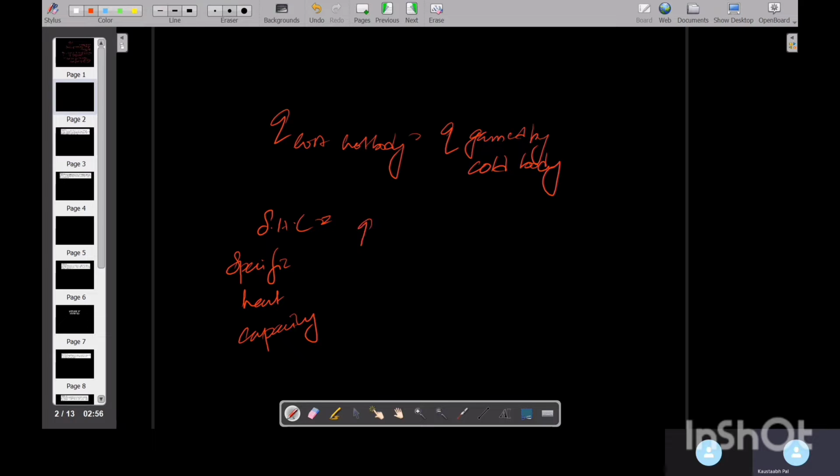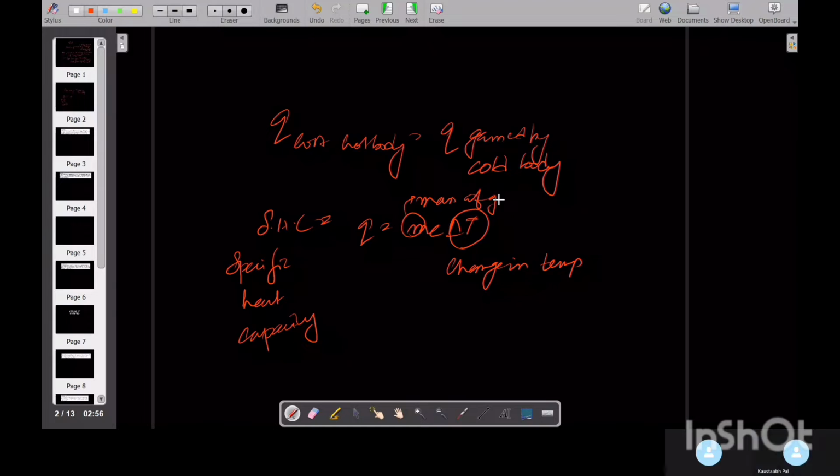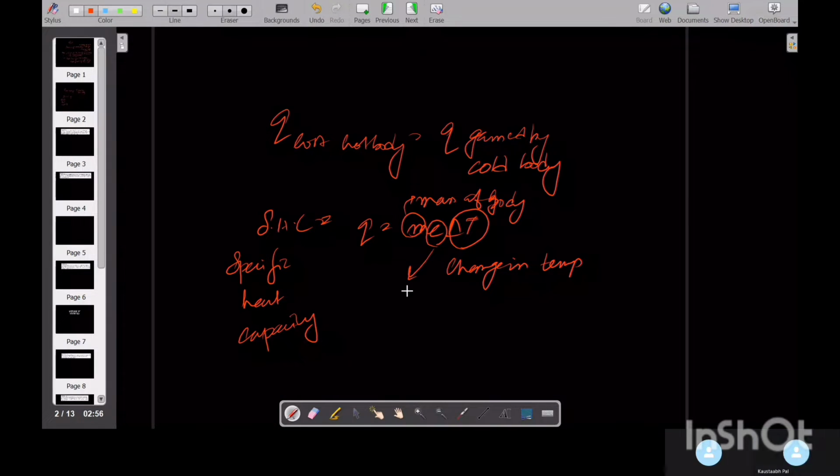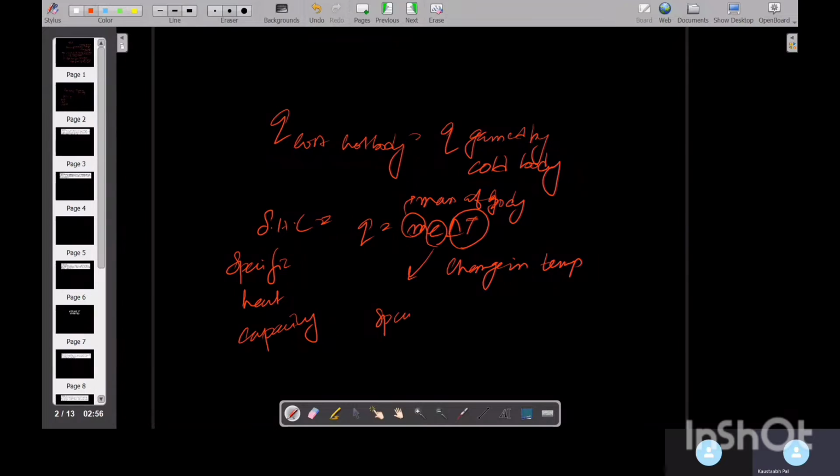So what was the formula? Q equal to mc delta T. Now delta T was the change in temperature, m was the mass of the body, and C is the specific heat capacity.